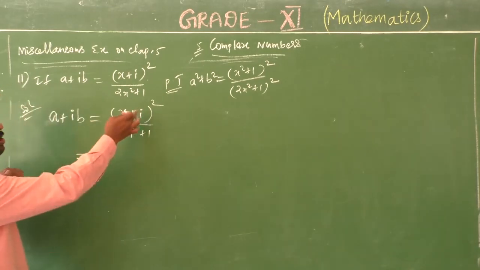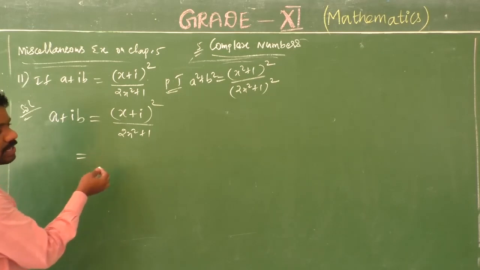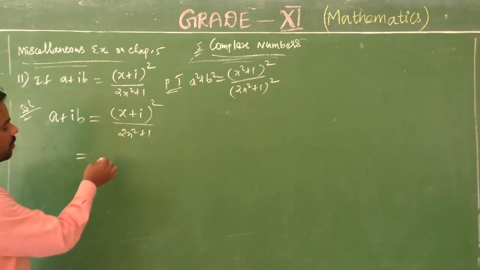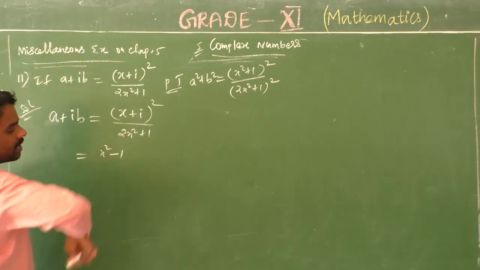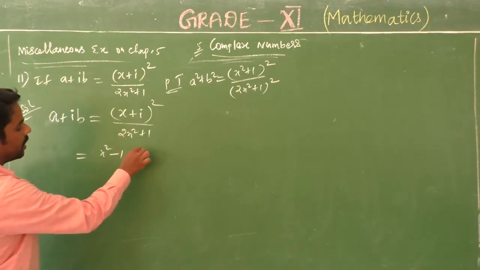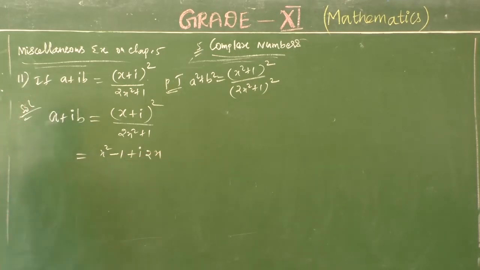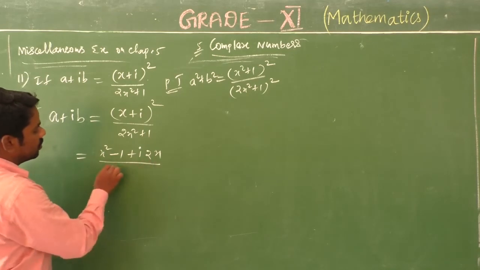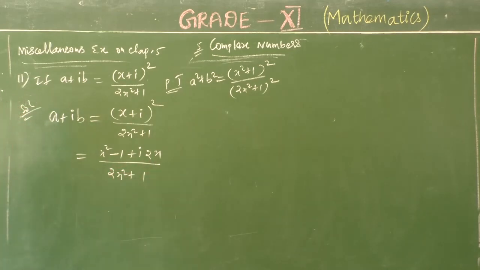So (x plus i) the whole square, this is the (a plus b) whole square formula: a square plus b square plus 2ab. So x square plus i square, which is minus 1, plus 2ab, that is 2 into i into x, divided by 2x square plus 1.